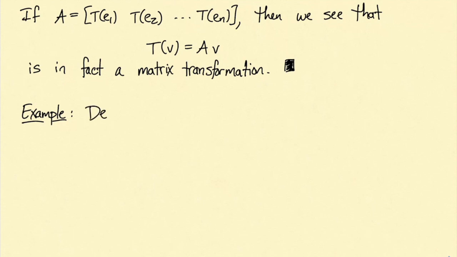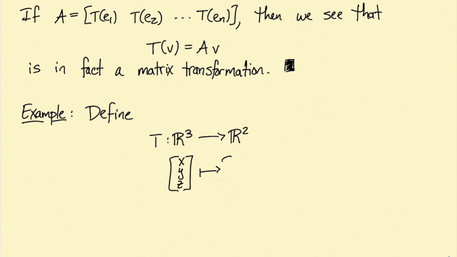For our first example, we're going to define a function T from R3 to R2. Given an arbitrary vector whose coordinates are x, y, and z, we are going to map that to the two-dimensional vector x plus y, y plus z.